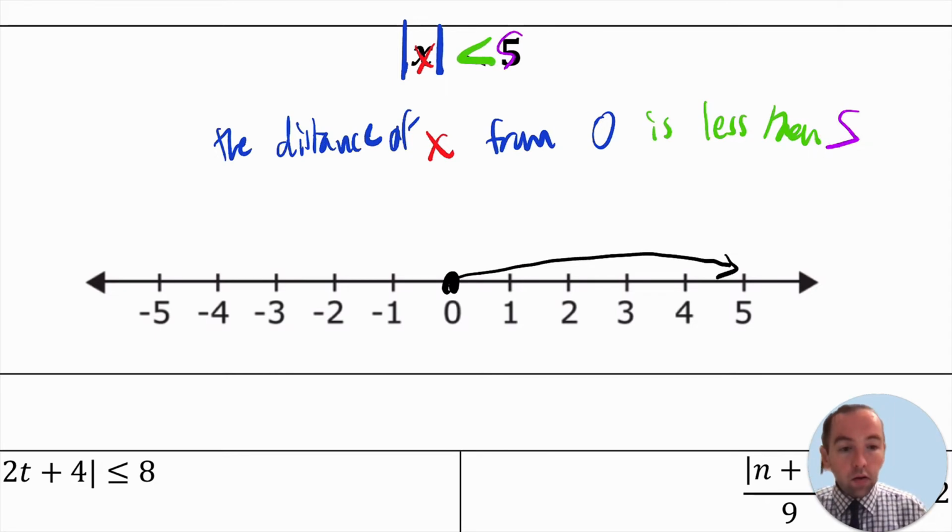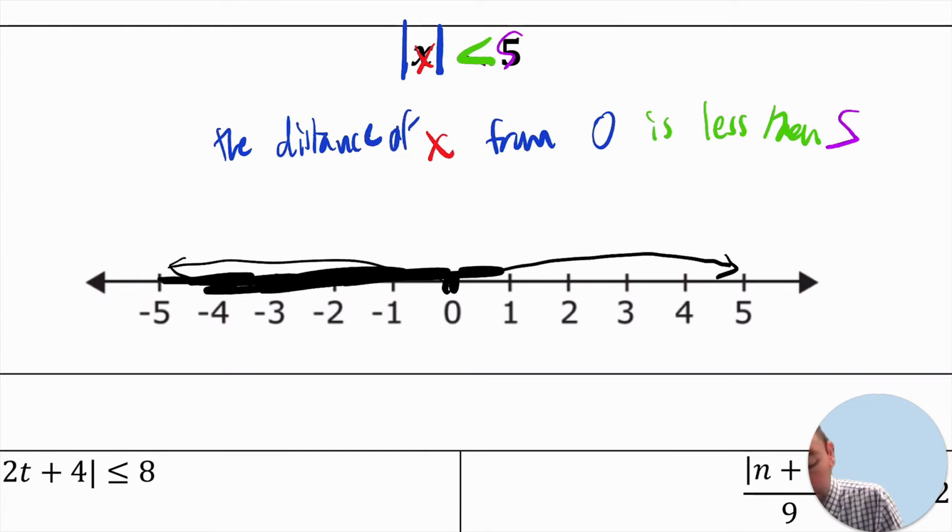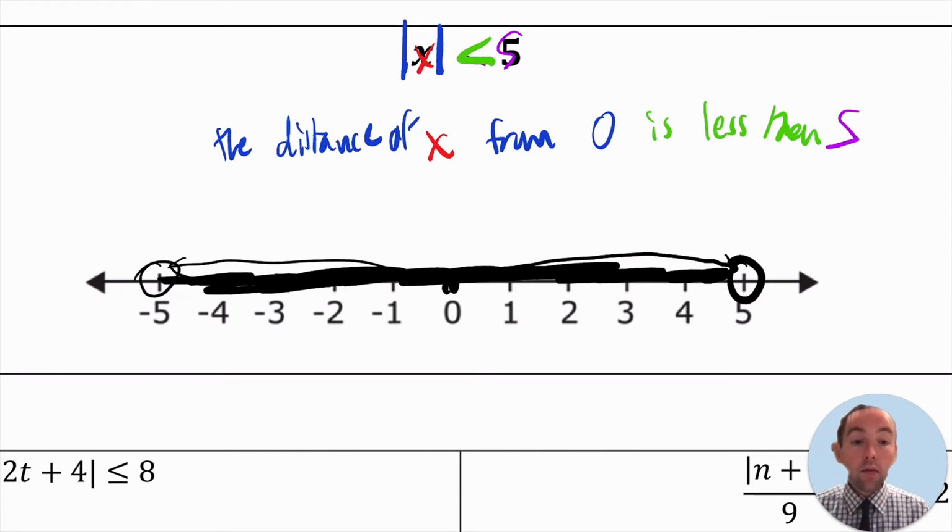But we can't go to 5. But we can also go out in this direction as well. So it turns out that the entire section between -5 and 5, but excluding the 5 and excluding the -5, all of those numbers in that interval are going to be solutions to this.